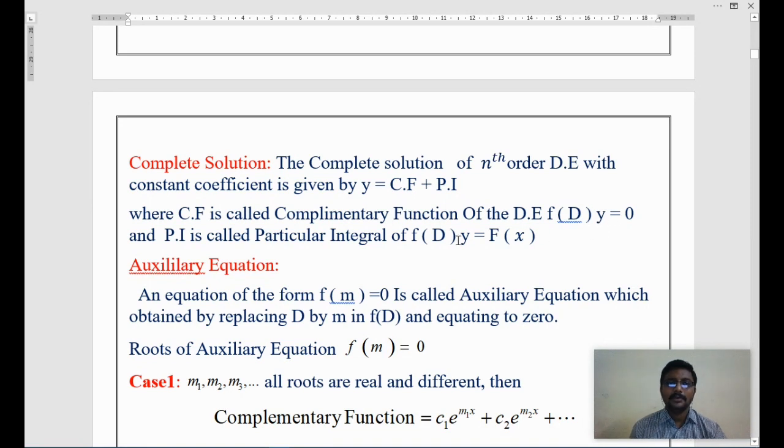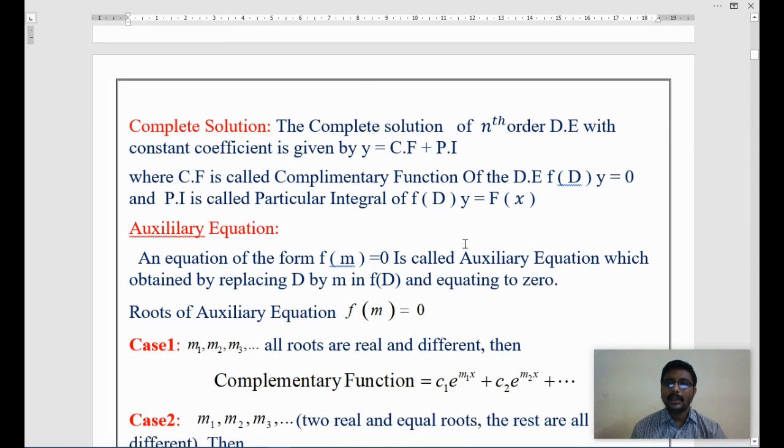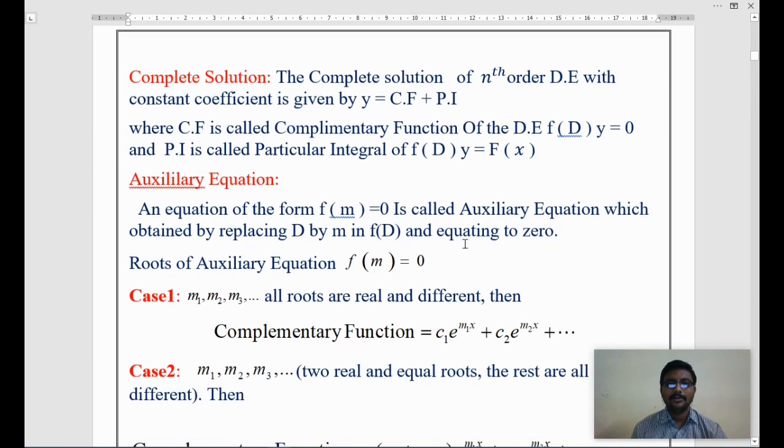And we have to find PI also. PI is the particular integral. The particular integral is found for the equation f(D) y = f(x). So for the total solution we have to consider the particular integral. Now to find the complementary function, first we have to take the auxiliary equation, and depending upon the nature of the roots we have to write the complementary function.